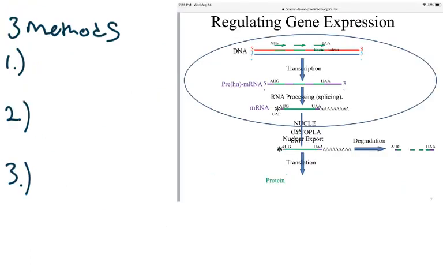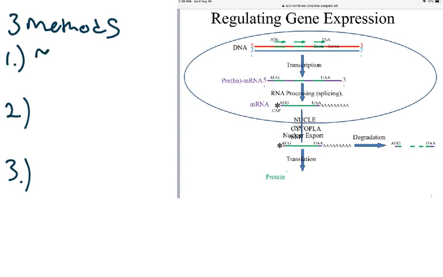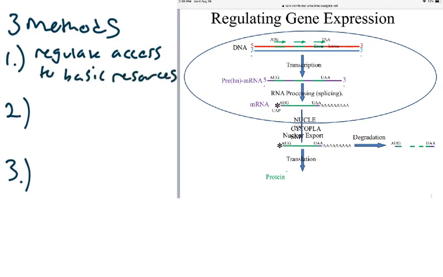And so the next part we're going to jump into is how we actually regulate the transcription of genes in eukaryotic organisms. Okay, so there's three methods that we can use to regulate gene expression. One of them is regulating access to the basic resources that are needed. And that's things like DNA.